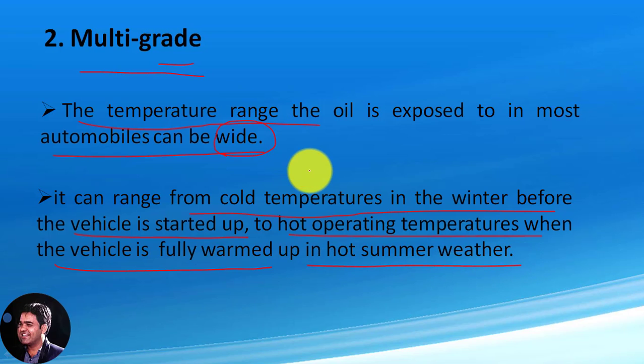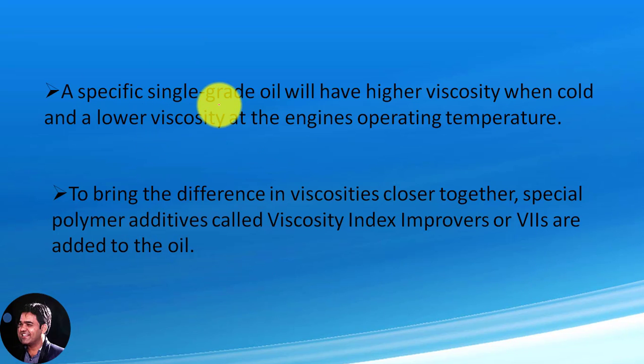That means, as I said, it provides significant lubricant properties over a wide range of temperature, from cold weather to hot summer weather conditions. A specific single grade oil will have a higher viscosity when cold and lower viscosity at the engine oil operating temperature.